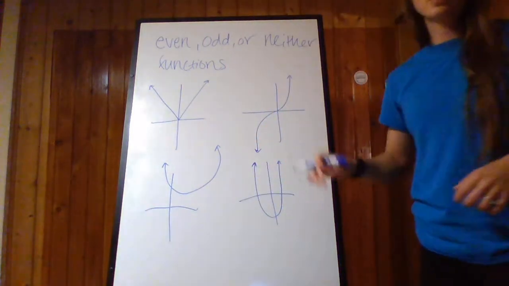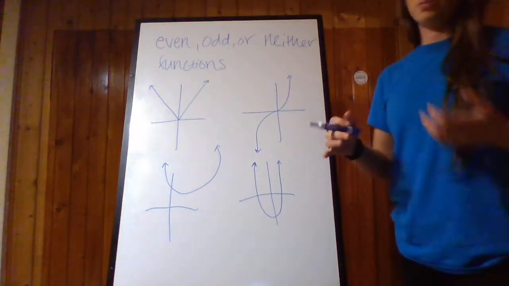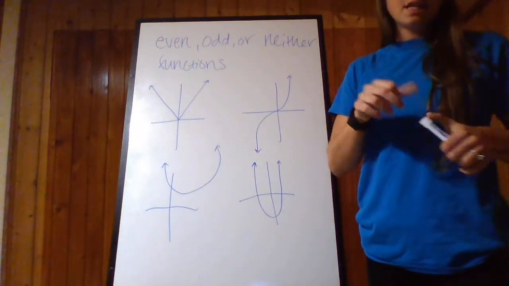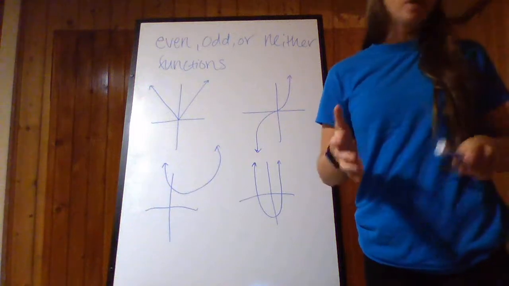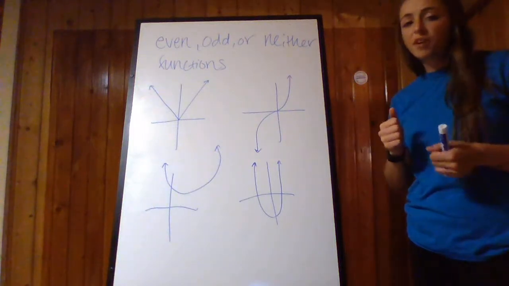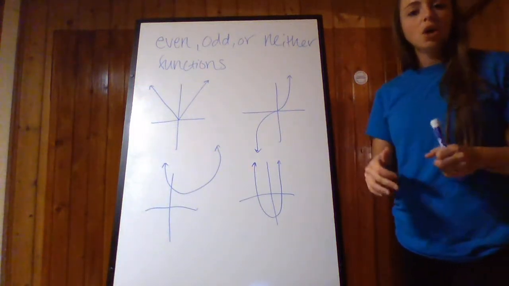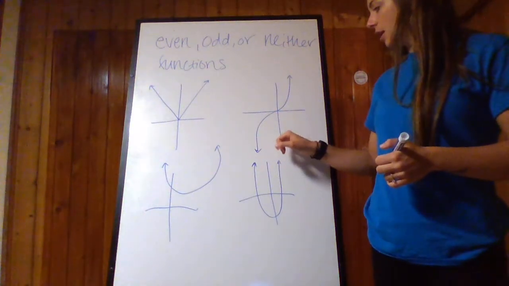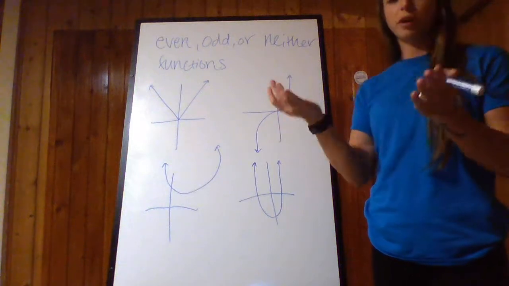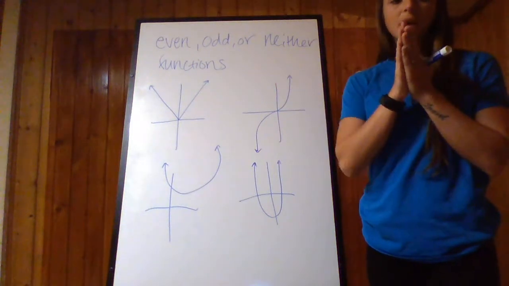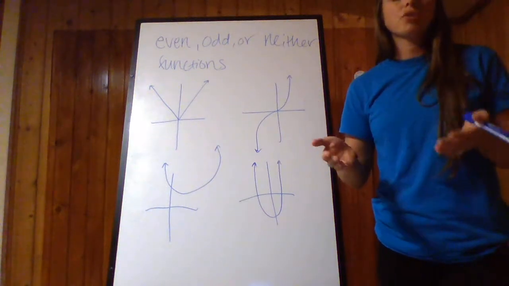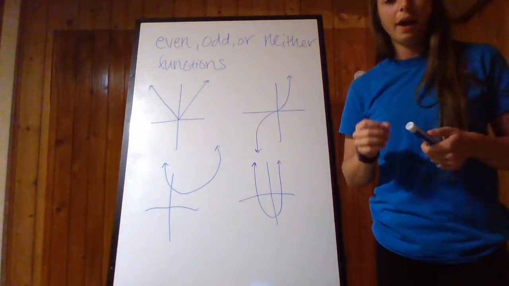What I want us to do for all 4 of these graphs is determine whether or not they're even or odd. You'll need this set of definitions. If a function is even, you could fold it over top of the y-axis and it would match up. The more technical definition is that it's symmetrical along the y-axis.